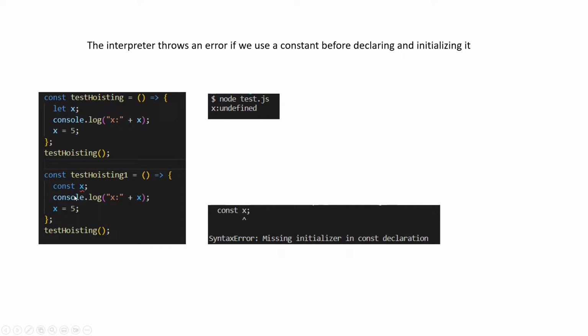But if you try to do the same thing with constant, it is not allowing you. It says that the initializer in the constant declaration is missing, so you definitely need to initialize when you declare a constant.